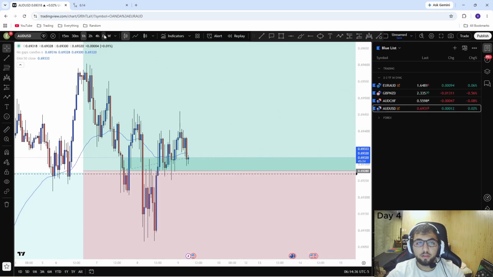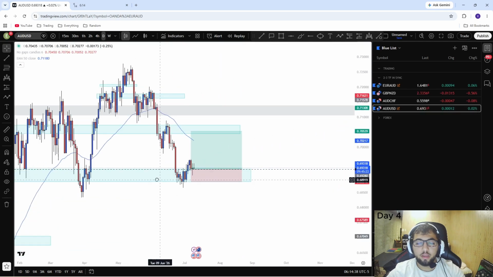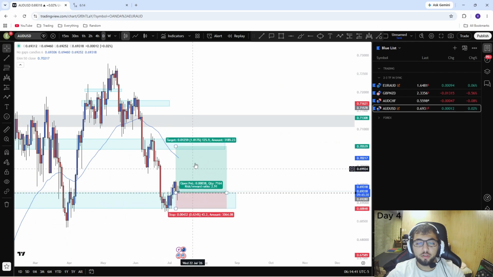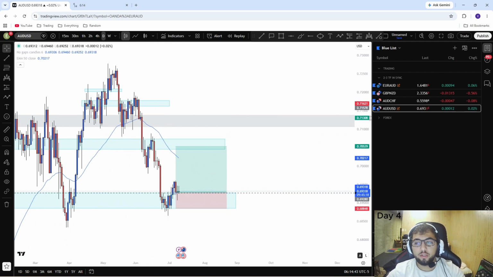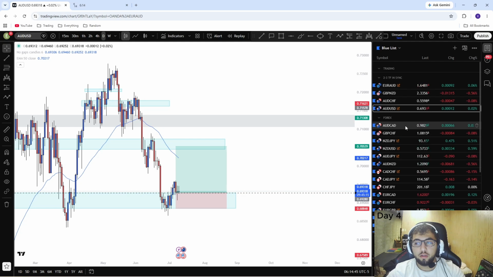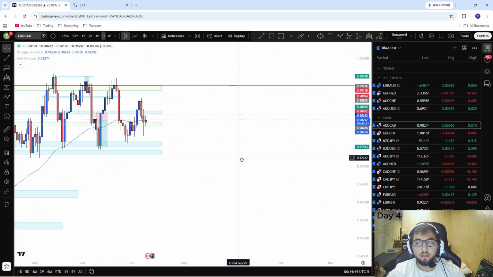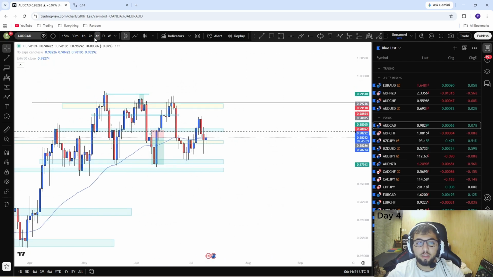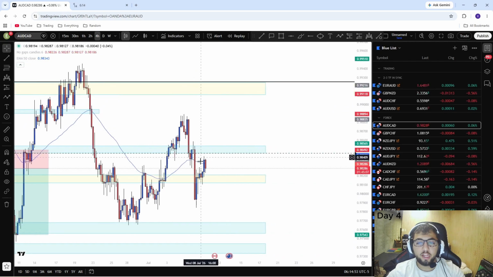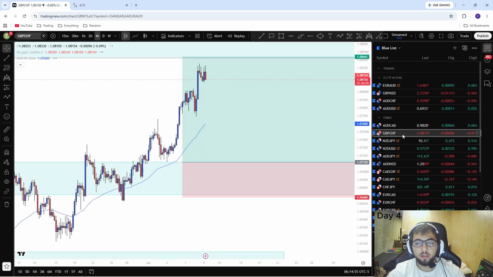AUD USD, same thing. We had that pullback into that area of interest, so hopefully we have that continuation to the upside. Let's see, AUD CAD. Nothing happened with this, just still waiting on that pullback to continue going to the downside.